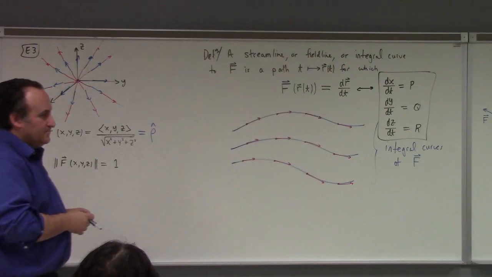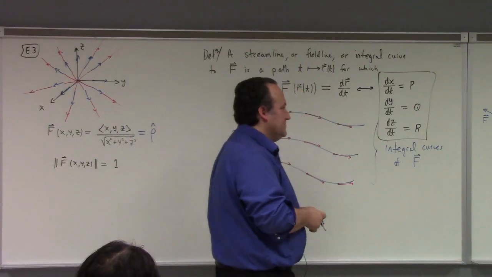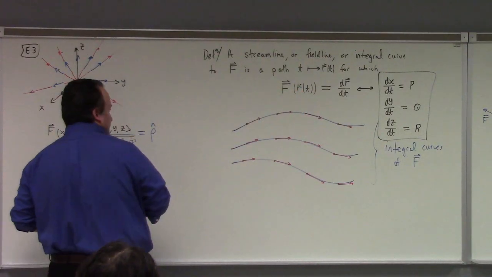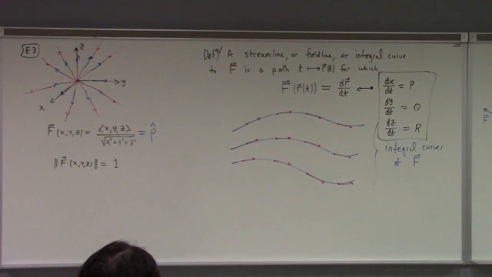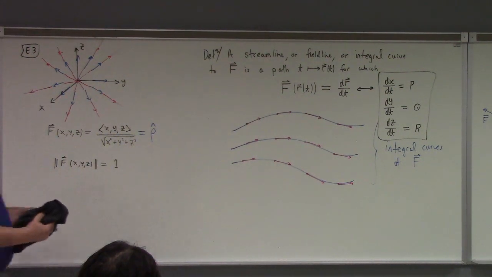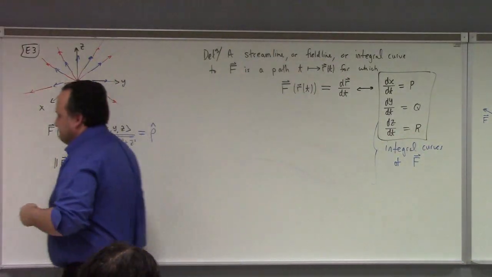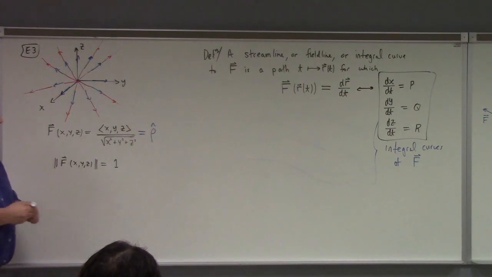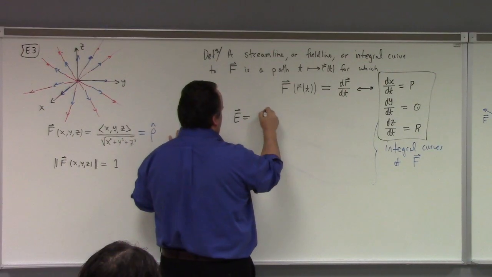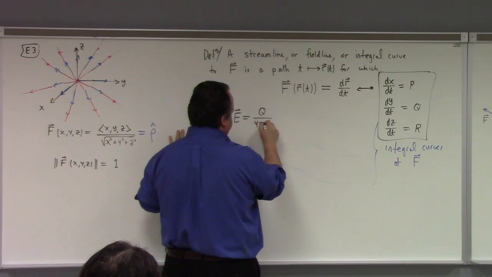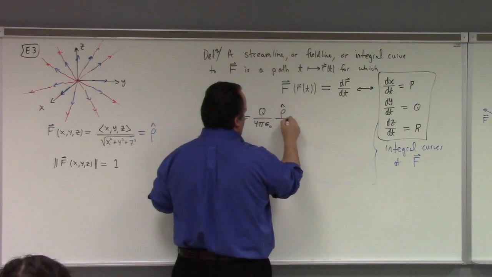But the bad news is, well, by the way, what is P, Q, and R for the Coulomb field, for example? It looks all nice and pretty if we use spherical coordinates. What's it look like in Cartesians? The Coulomb field E equals Q over 4 pi epsilon naught, rho hat over rho squared.